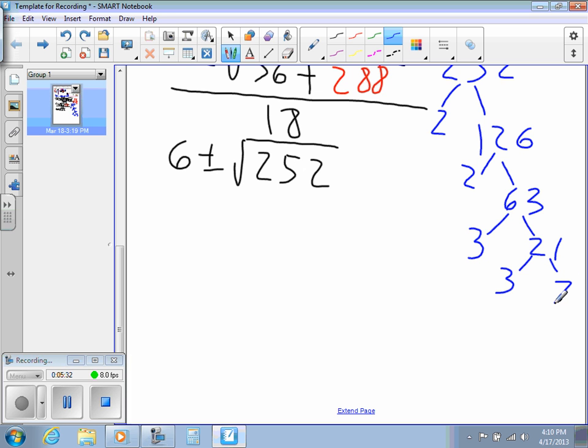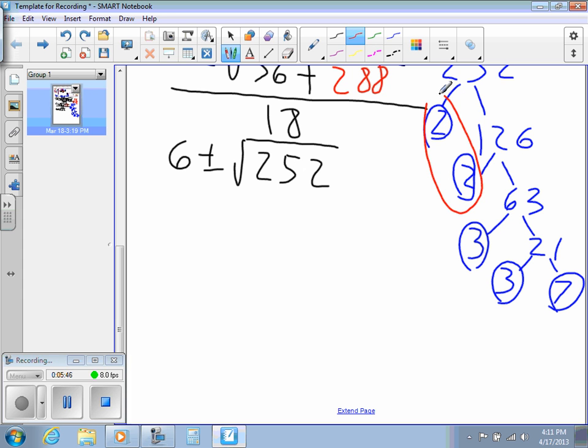And that gives me 7. Okay, so let me circle my primes. Set of 2 right here, so there's a perfect square. That equals 2. Another set of 3 right here, a perfect square, and its square root equals 3. And then I've got one 7 left over that's going to be inside of my square root.